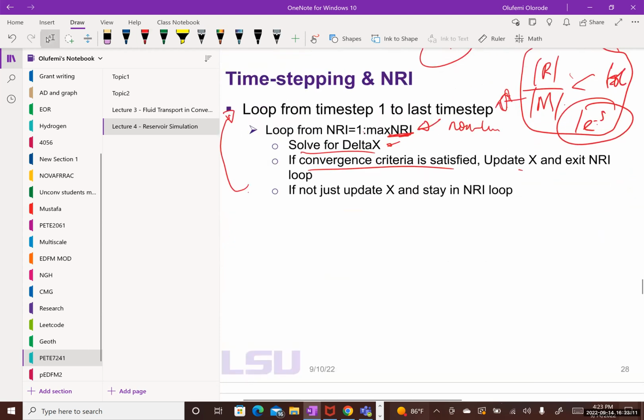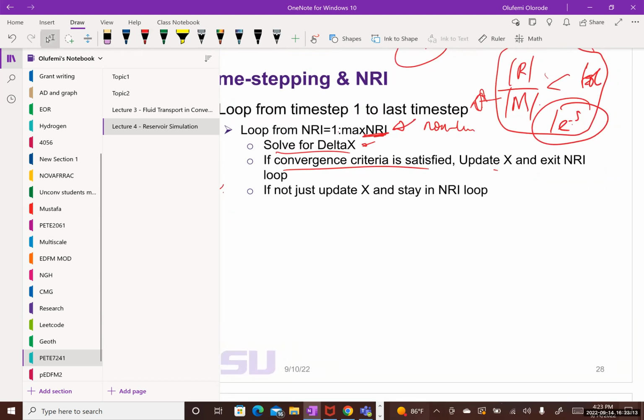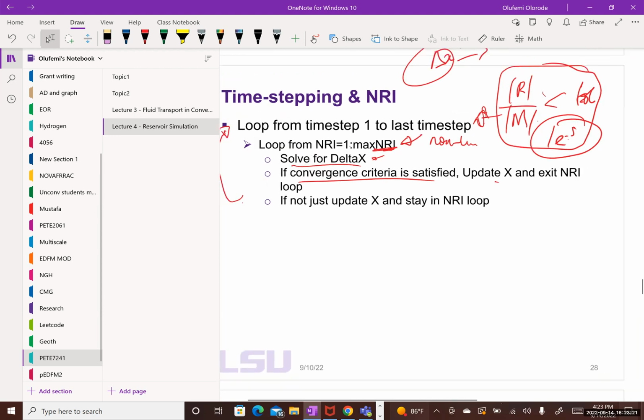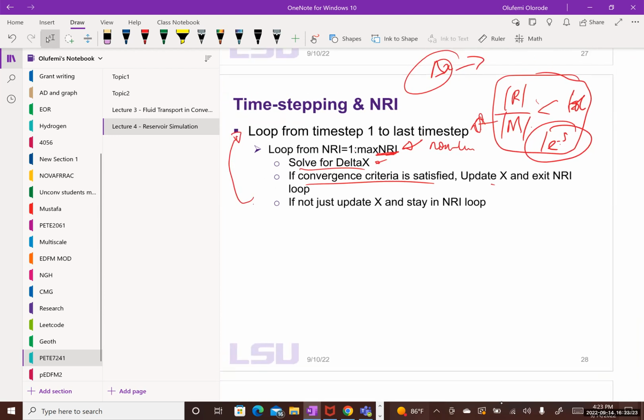Any questions? Yes, that's exactly what it is. So you implement this. That's risky.